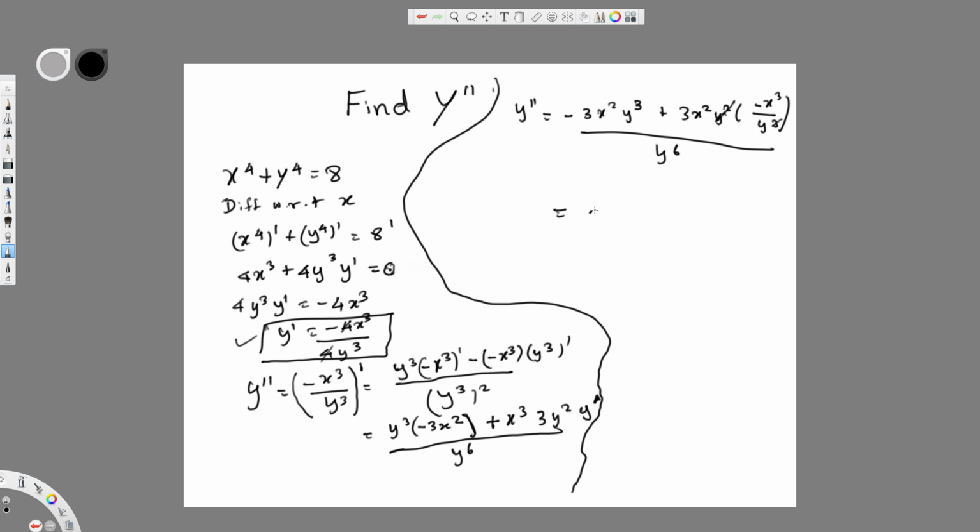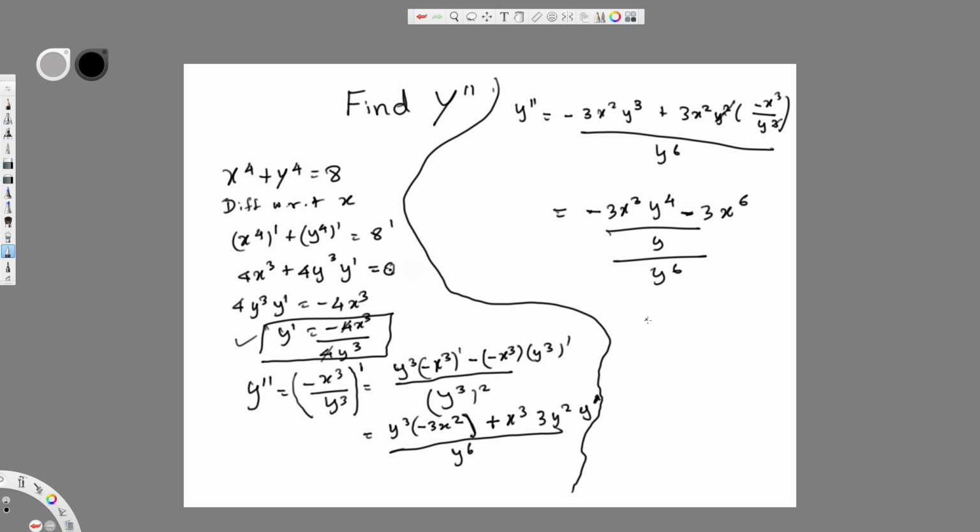If I take y common, it's going to be minus 3x square times y to the power of 4, plus 3x square times minus x cube, which is going to be minus 3x to the power of 5 over y to the power of 6.